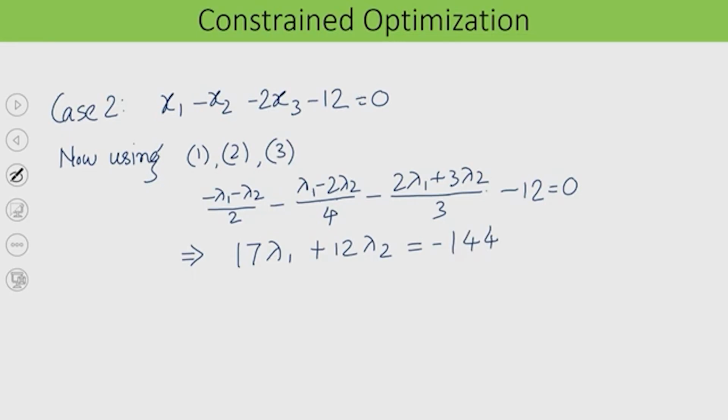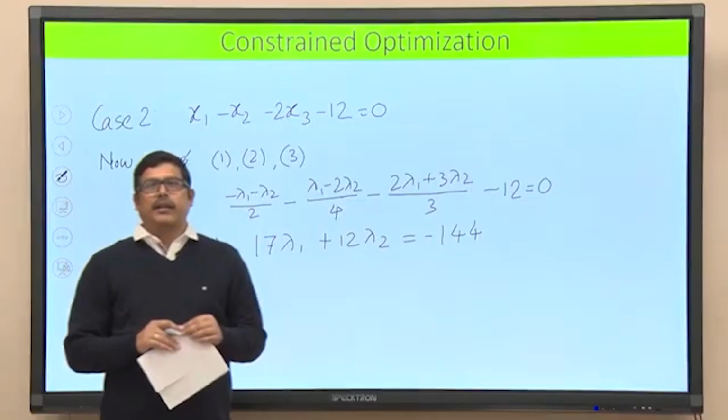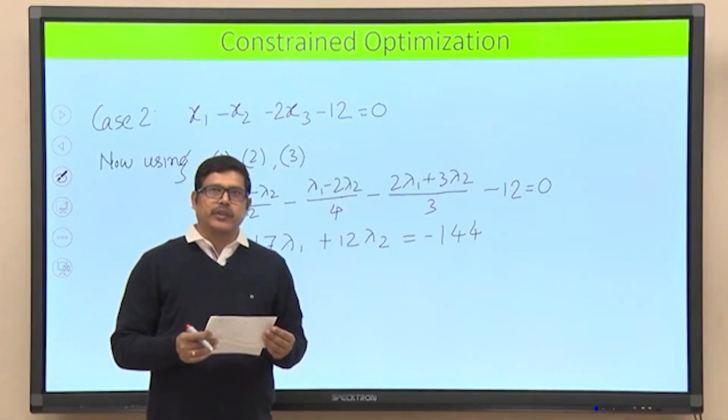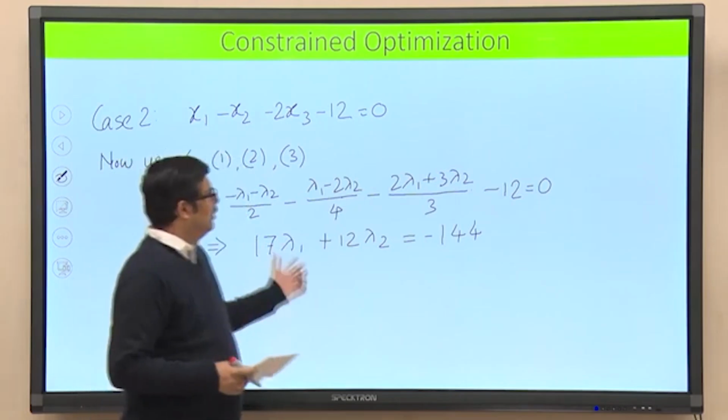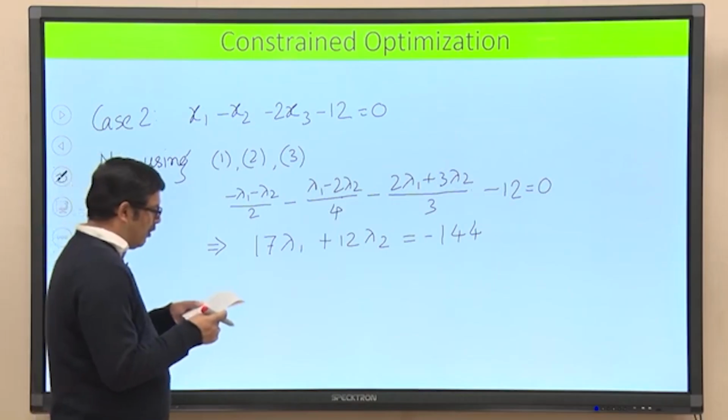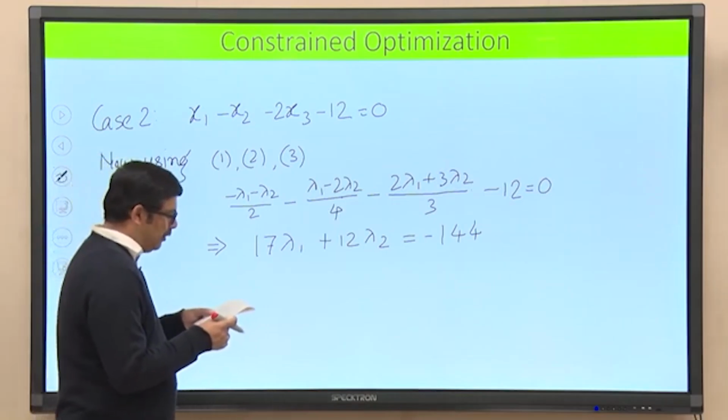Now, in this equation, 17 lambda 1 plus 12 lambda 2 is equal to 144. Therefore, this lambda 1 and lambda 2 cannot be positive, because the value should be equal to 144. So, this is not possible.